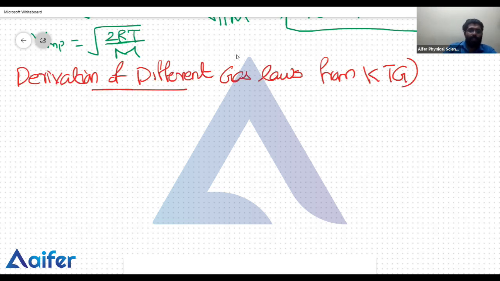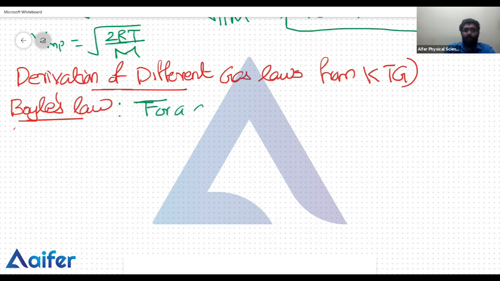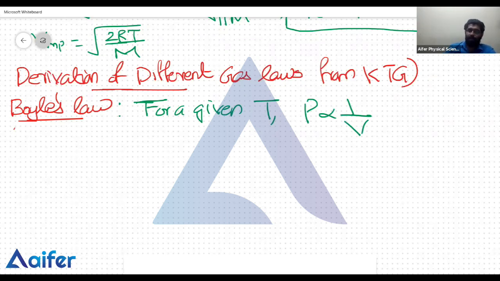First, I would like to discuss Boyle's law. Now we will introduce it in a slightly different way. What does Boyle's law say? At a given temperature, the pressure of a given mass of gas is inversely proportional to volume. For a given T, P is inversely proportional to volume.